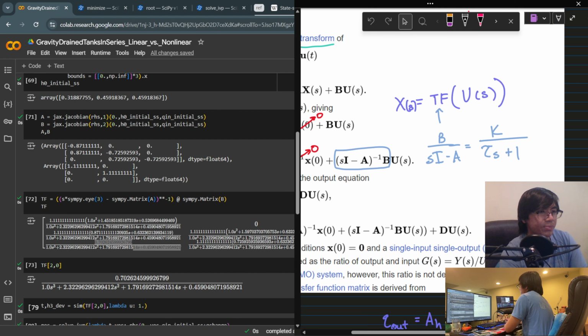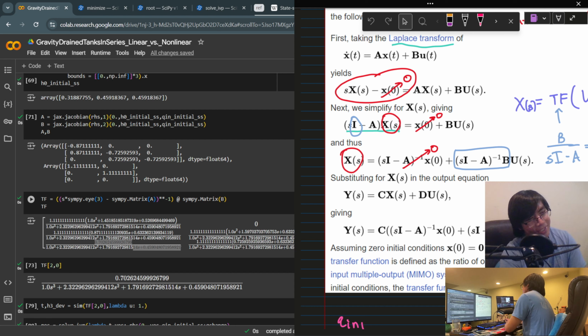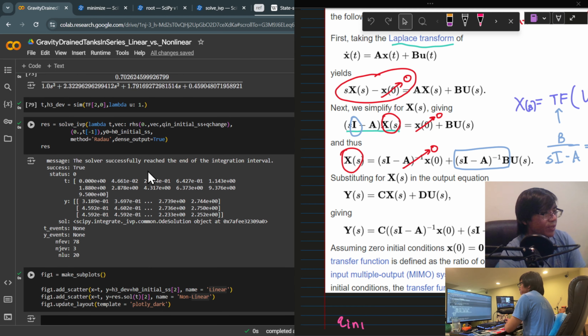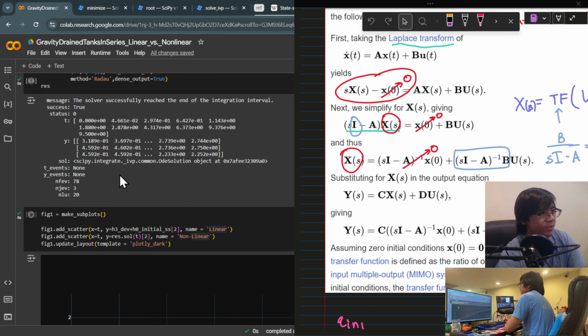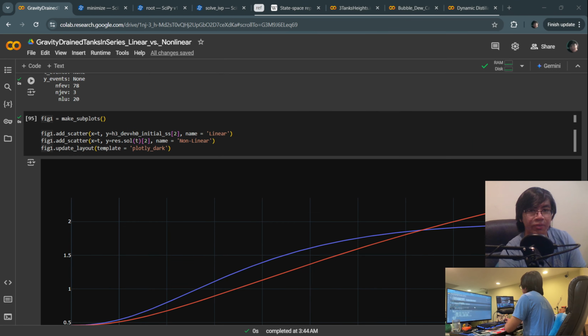It's what was being multiplied by our input function in the Laplace domain. So after we did that, we did a simulation for our linear side and used our solve IVP to evaluate at the same time span, and had a comparison here.